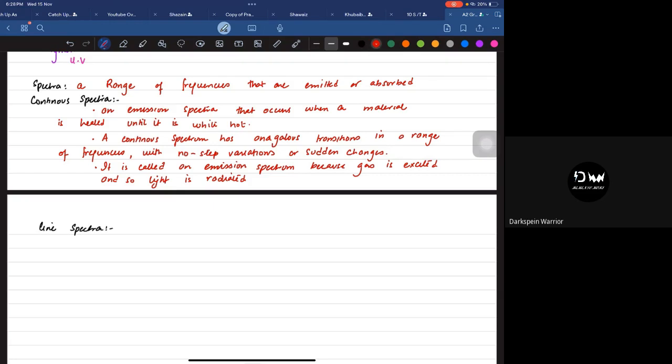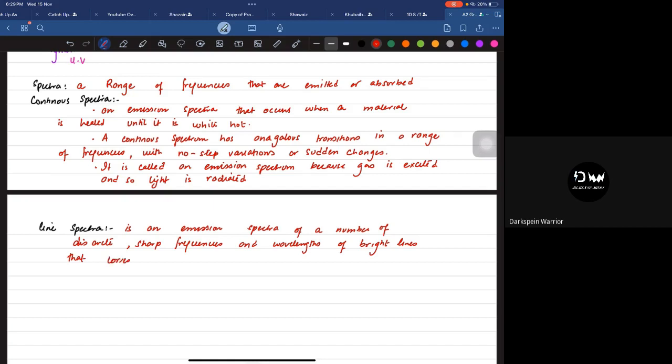In a line spectra, you guys need to remember, line spectra is an emission spectrum, a spectra of a number of discrete, sharp frequencies and wavelengths of bright lines that correspond to the quantized energy gaps, and that is delta E equals hc upon lambda, like that.